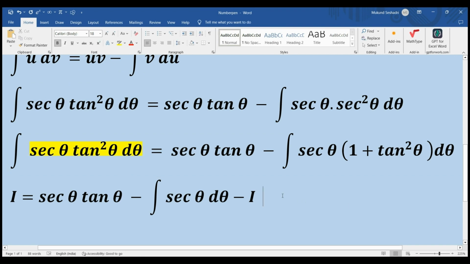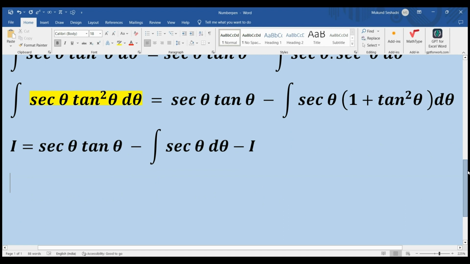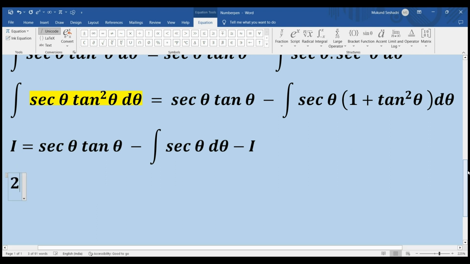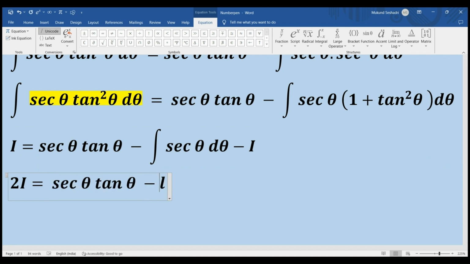So now I have I on the LHS, and I have a minus I on the RHS. So I can move the I on the right hand side to the left, call it 2I, and I have secant theta tan theta minus the integral of secant theta d theta.